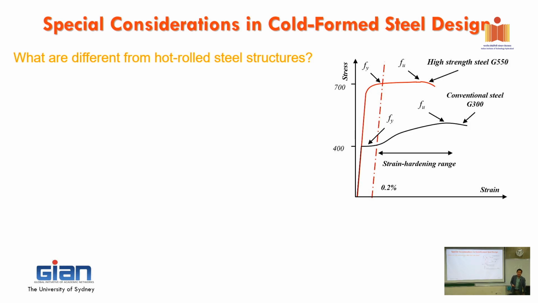Because if you design a steel structure and it's very fragile, very brittle, then it's no good, isn't it? There's a requirement. In the US, the minimum ductility requirement is 3%. So we can apply cold formed steel here.